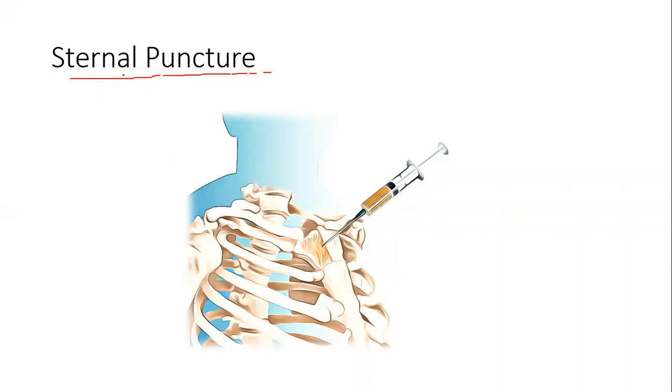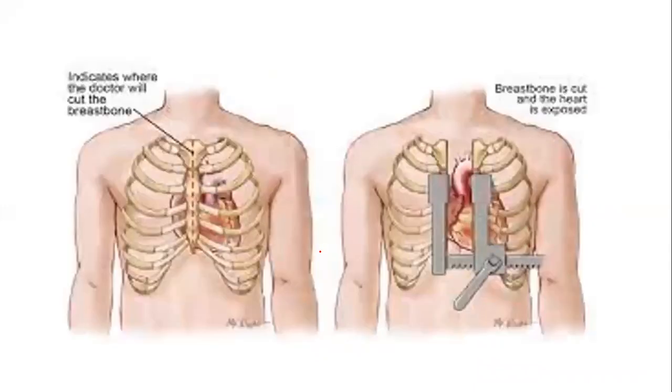We are basically taking the sample from this bone because it is easily accessible. As you know, the sternum is subcutaneous, so it is very easy for us to take a sample of red bone marrow out of the sternum, right? So this is the very first clinical importance.